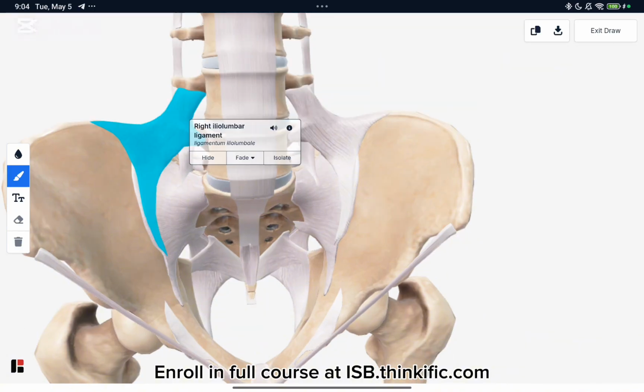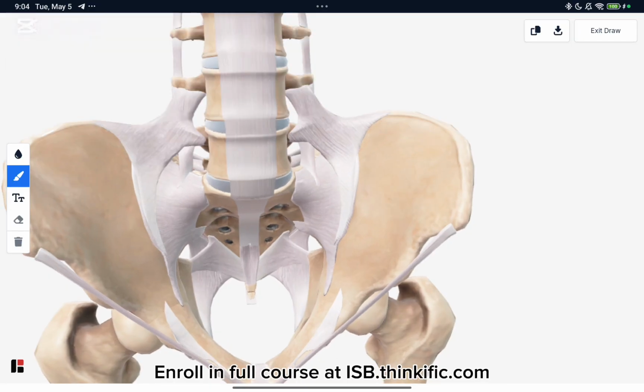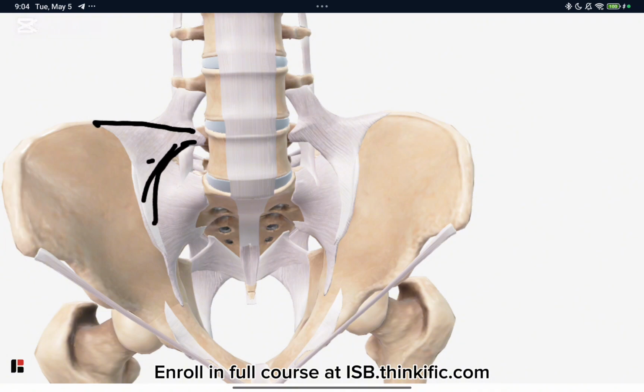This ligament typically originates from the transverse process of L5 and moves to attach to the ilium. So it's indirectly reinforcing because the ilium is attached to the sacrum, right? So it's indirectly stabilizing the lumbosacral junction.